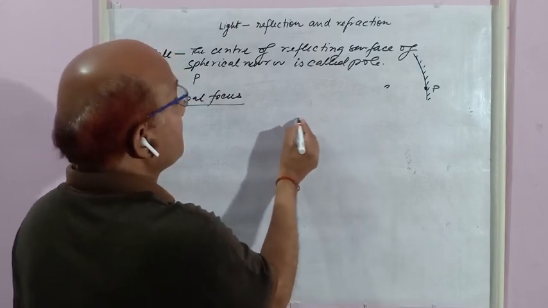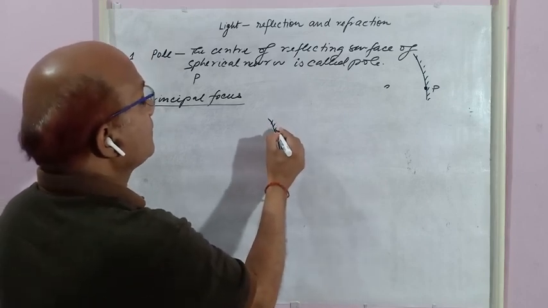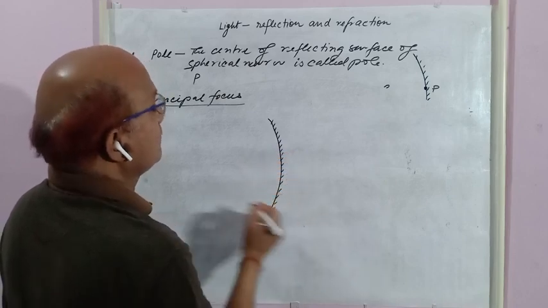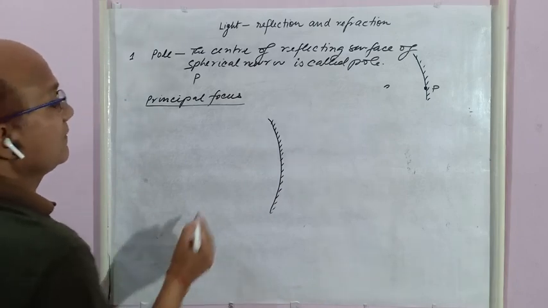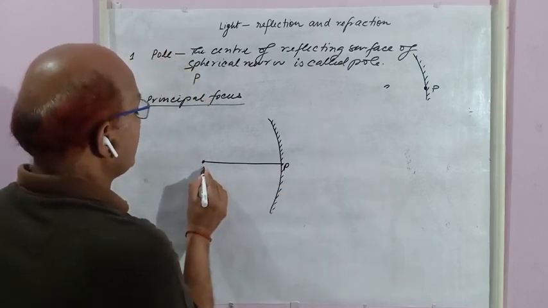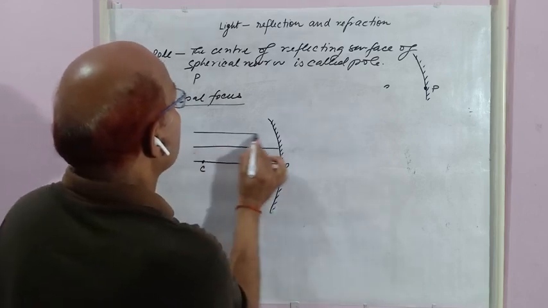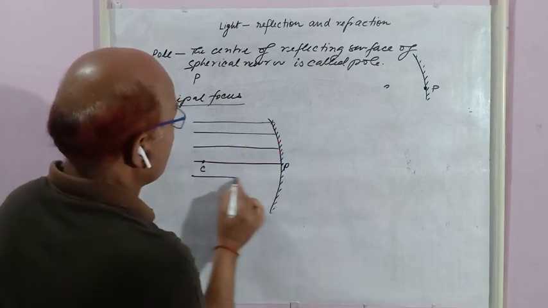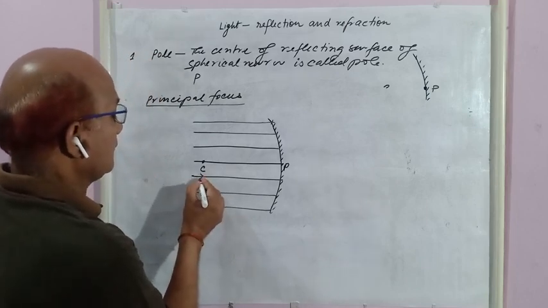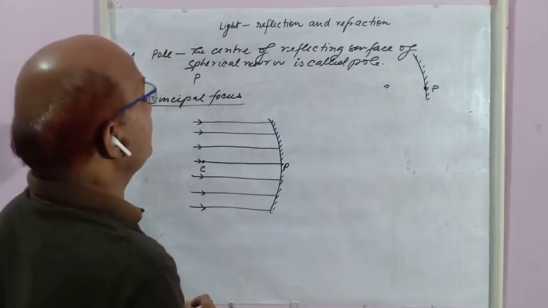Now you can see this is a concave mirror, this is the pole, this is the center of curvature, and these are the rays of light parallel to the principal axis.